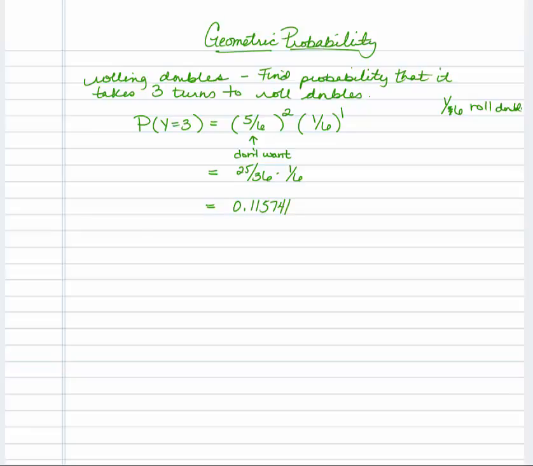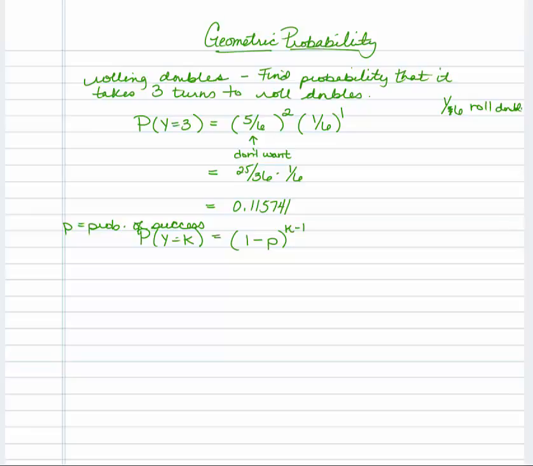The equation that we did is 1 minus the probability of success, P, to the power of whatever number we're using, take away 1.